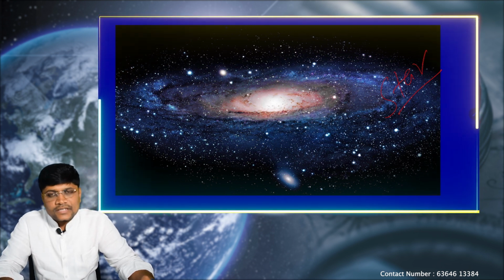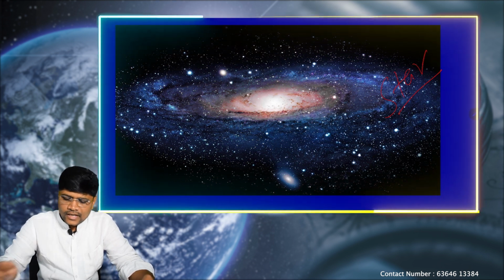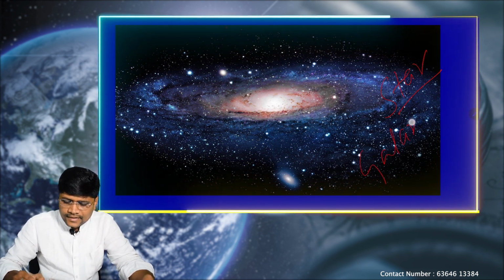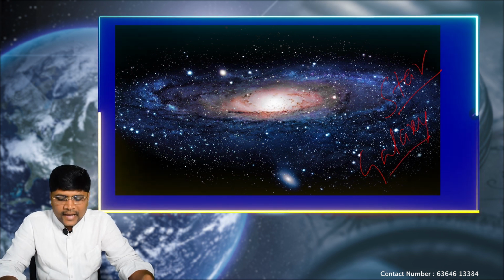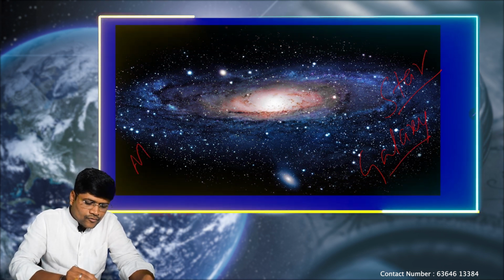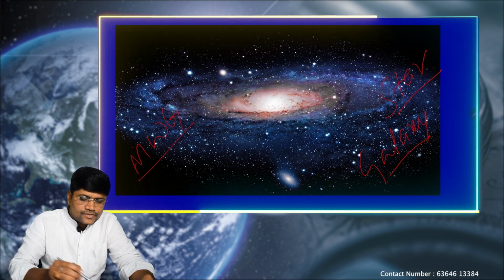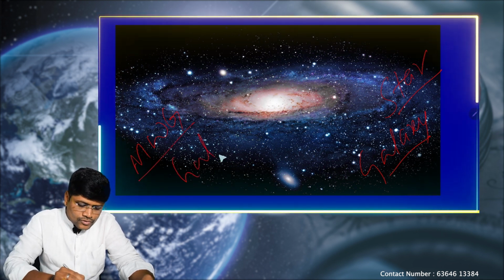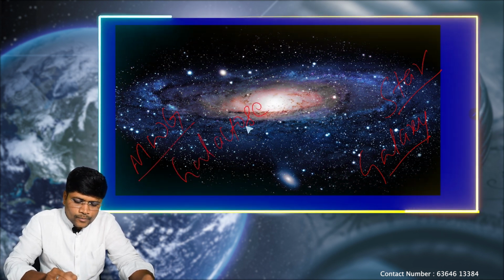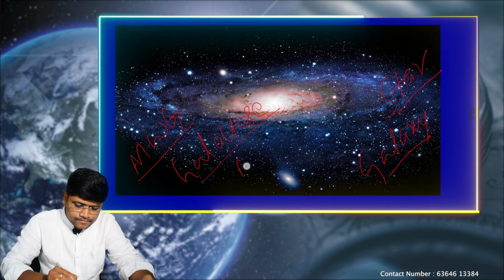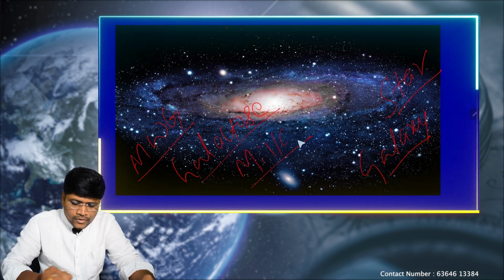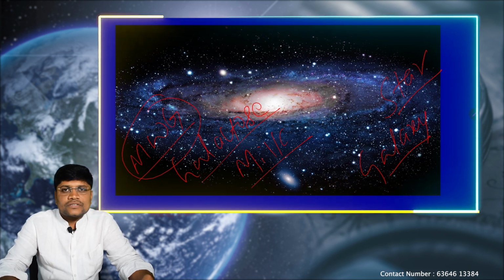We know that stars are self-illuminating objects, and a group of stars is called a galaxy. The word galaxy is derived from galactose, a sugar found in milk. Our own galaxy is called the Milky Way.